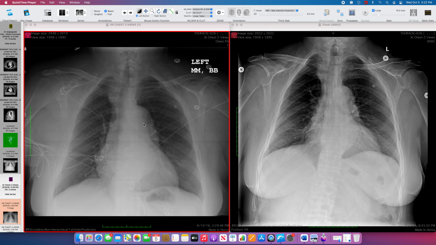Here it doesn't look terribly different as far as the atherosclerotic calcifications. The arch isn't terribly enlarged. We don't have any evidence of bleed or effusion or anything like that. So this is a fairly similar exam.